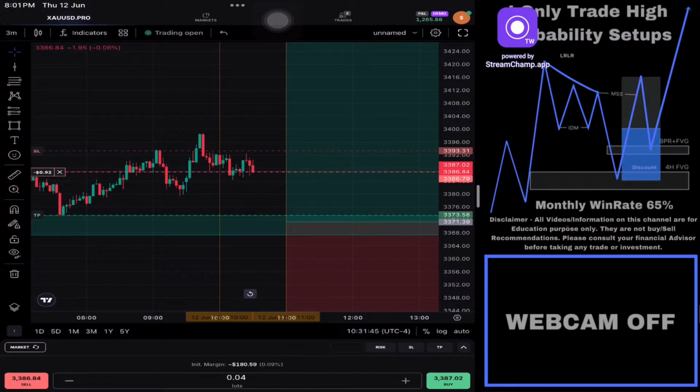So it looks like a silver bullet setup, but anything can happen. This is not a high probability setup. It's within a 15 minute market range.